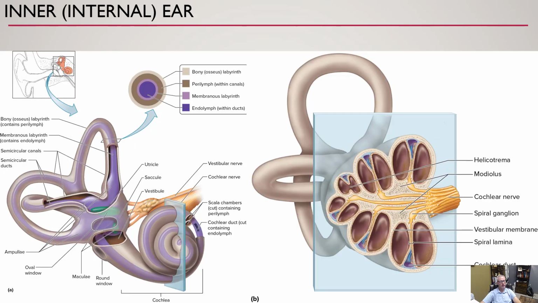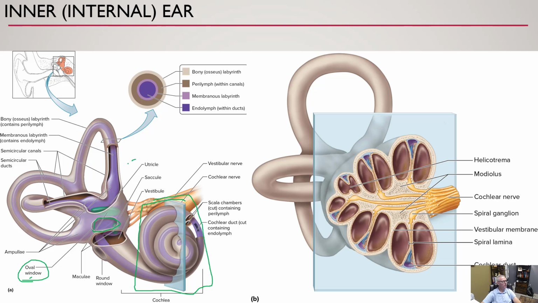So if we're looking at this picture, here's a picture of our inner ear. We're going to start with this oval window right here. This is what the stapes butts up against when it's vibrating. Then we have this organ right here called the cochlea, which is what we hear with.